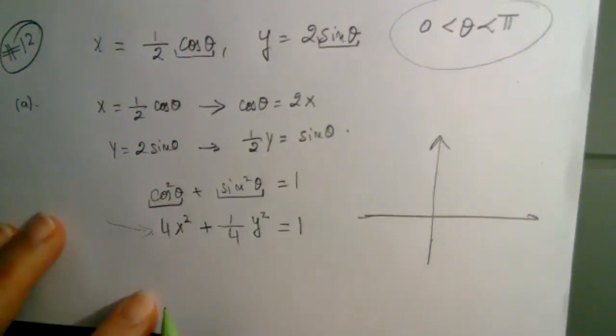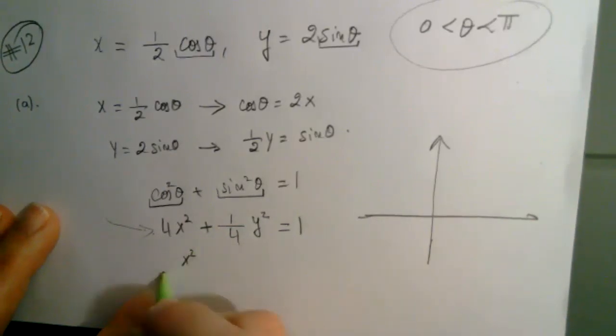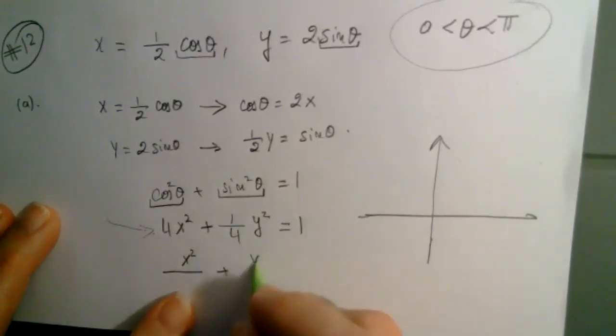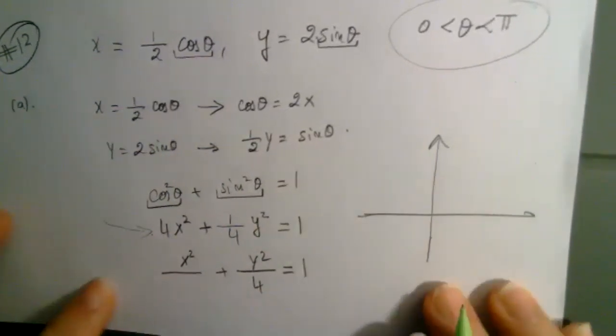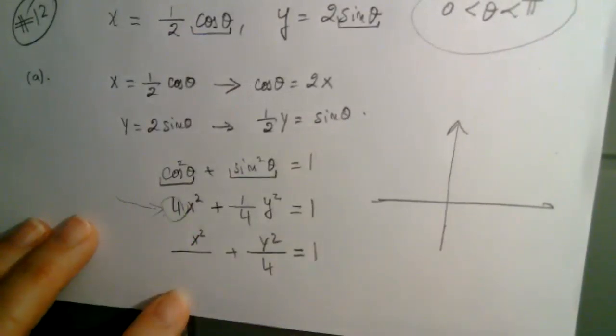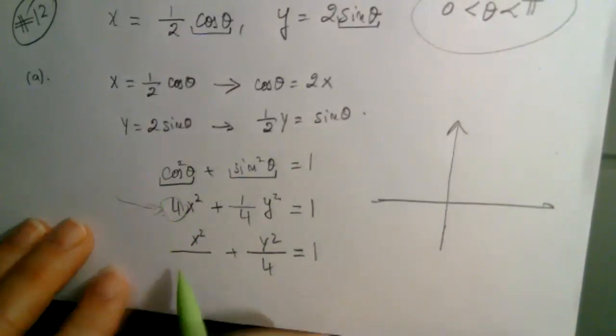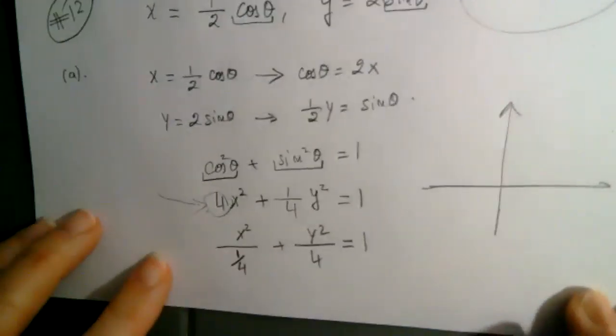So let us make this into the standard form of an ellipse. Just to basically recap a little bit from last section, to make it really look like an ellipse, I have to rewrite it as x squared over a squared plus y squared over b squared. This is already a 1. Now, for the 4 here, to be able to rewrite it as x squared over a squared, I'm going to manipulate this algebraically and write it as 1 over 1/4.